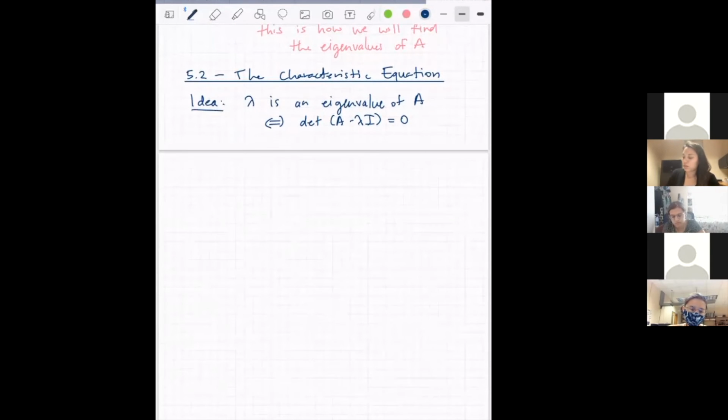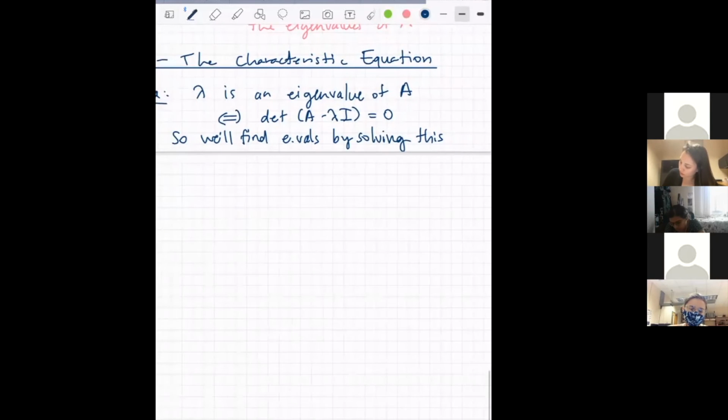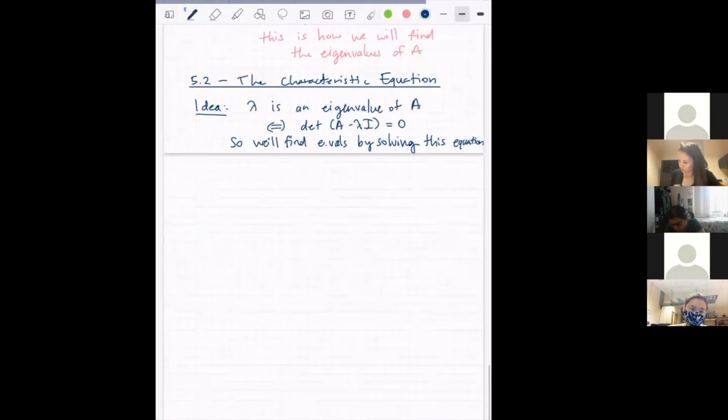So we are going to find eigenvalues by solving this equation. Right, so this will give us an equation and we just go about solving it.